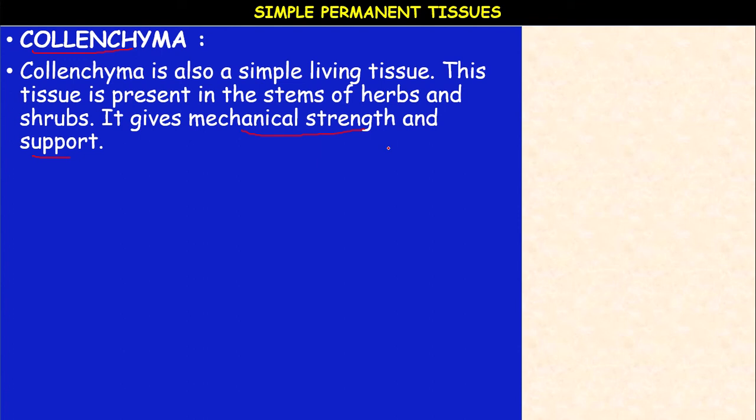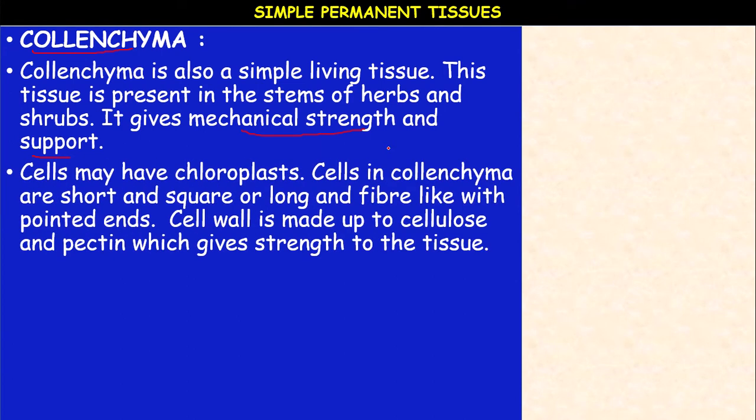This collenchyma consists of refractile non-lignified living cells which possess pectocellulose, whereas in parenchyma cellulose is present, but here pectin and cellulose. That is why it is called pectocellulose. It possesses pectocellulose thickenings in specific areas of their walls. The cells may have chloroplasts, just like chlorenchyma. No confusion, children.